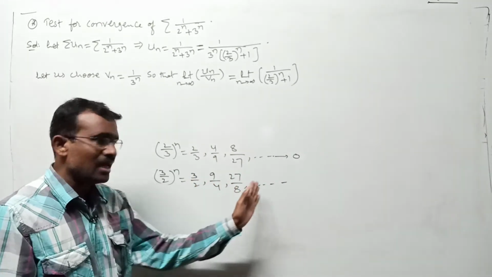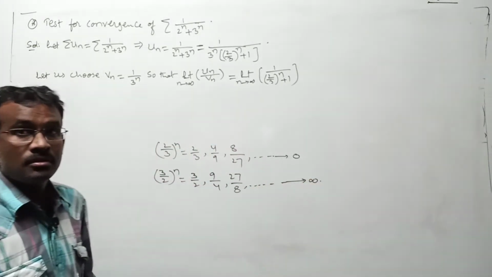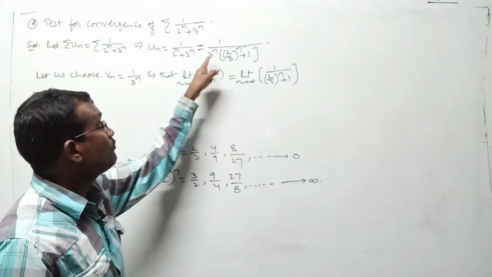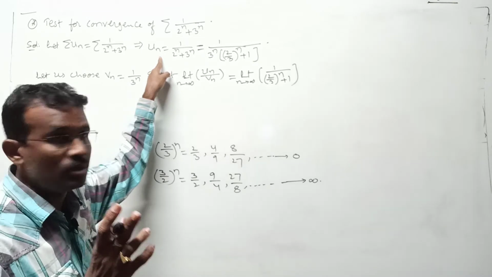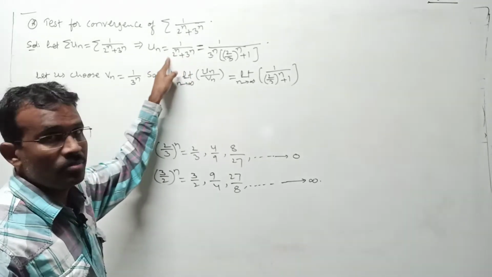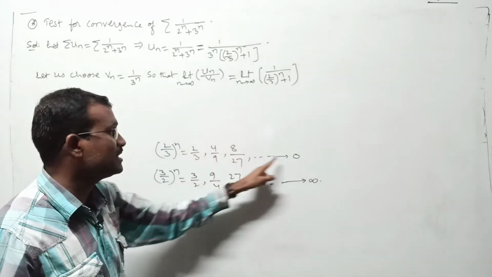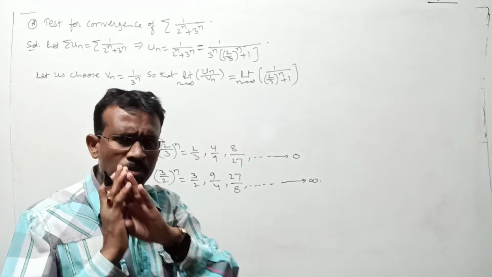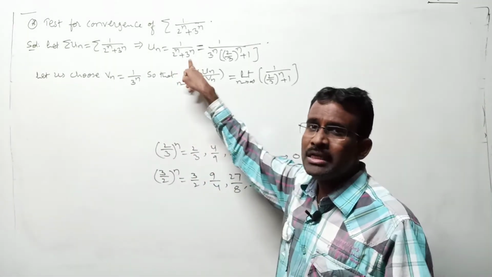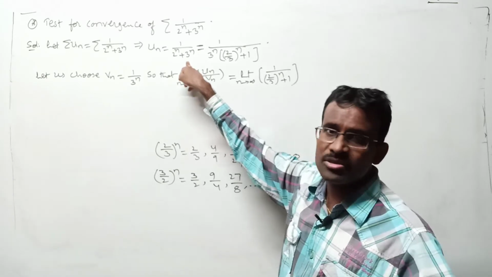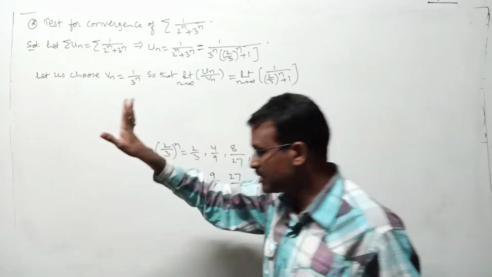As n tends to infinity, this tends to infinity, an undefined value. Two possibilities are available: you can take 2 power n common or 3 power n. But I want to select 3 power n only, to make this term become 0 as n tends to infinity. For that simple reason, if terms like these are available, take the maximum base under power n term as common. That is the simple work for you.